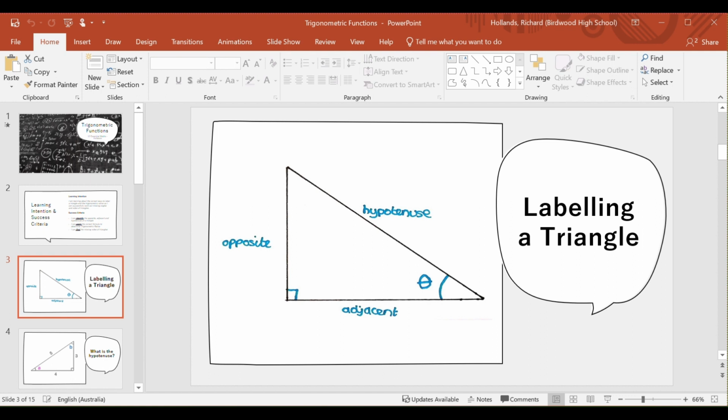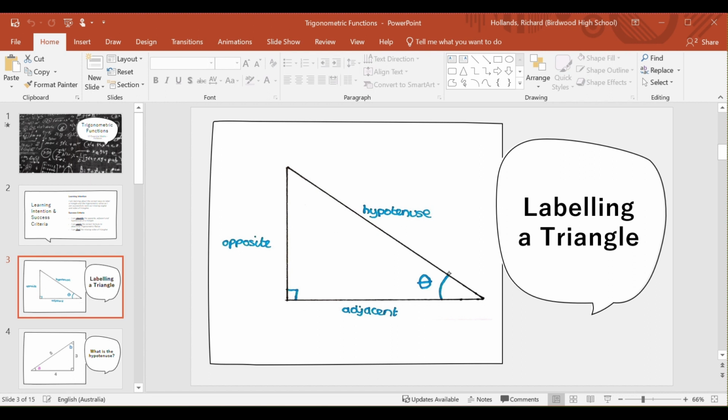So the first thing that we do is just making sure that we know how to correctly label a triangle. Now this angle here, this is what we call the beta angle. It's an unknown when it's written like this. And then when we label our triangle, the side of the triangle that's opposite the right angle is known as the hypotenuse. That's what we remember from Pythagoras' theorem.